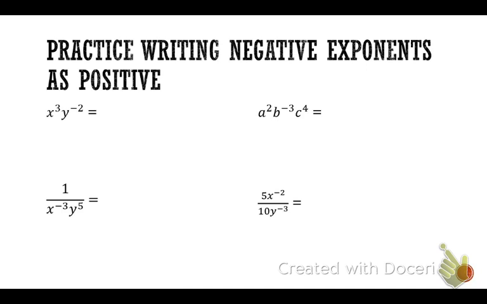So go ahead and write down these 4 problems, 1, 2, 3, and 4. Leave yourself some space in between for us to work it out. We're still practicing writing negative exponents as positive, so we're not actually solving anything. We're just getting rid of those negative exponents.